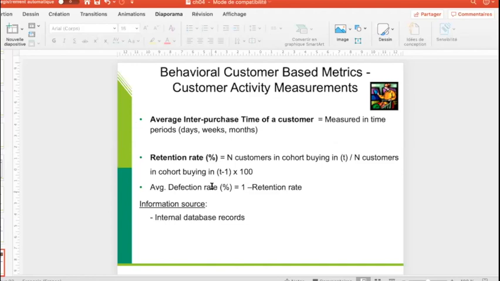How do you consider a customer as being churned or defected? In the lost-for-good sector, it's easy because you know that the contract is finished. You can be sure that if the customer did not renew the contract, the customer has churned or defected. So you can easily find the churn rate or defection rate.